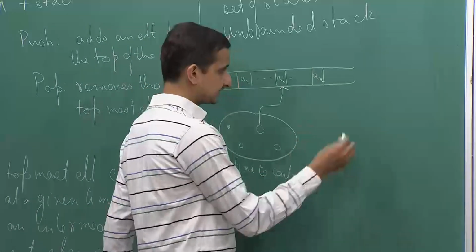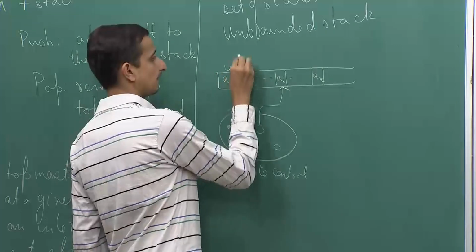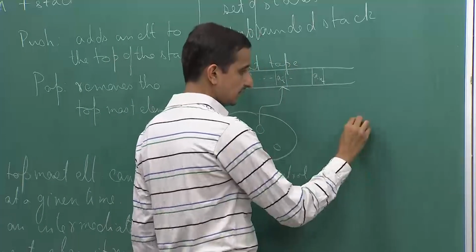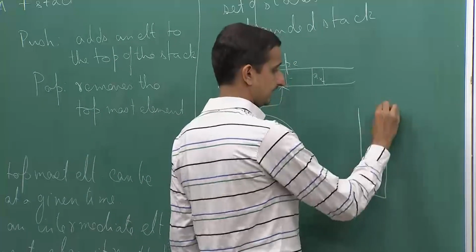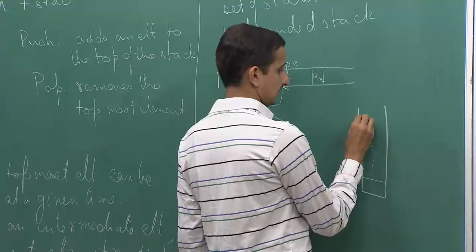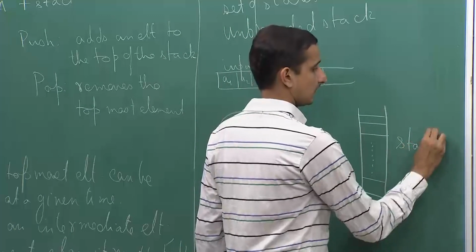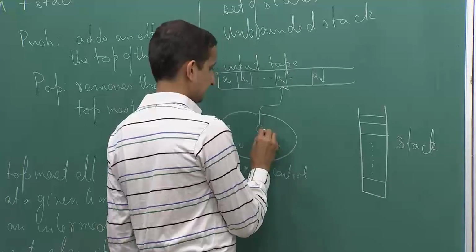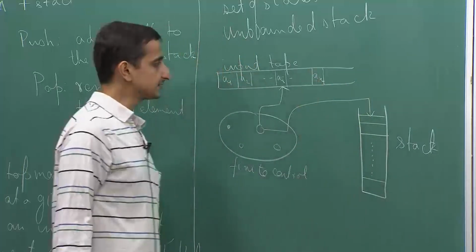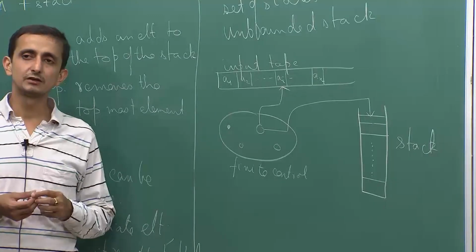Now, in addition to this structure, we have, let me just write this. So, this is the input tape. In addition to this structure, we have an unbounded stack, and the automaton can also access only the topmost element of that stack, but it can do whatever it wants to do with it.